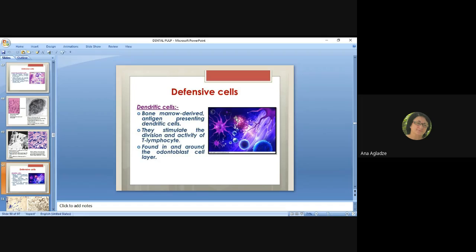They are also phagocytic cells, and they can engulf and digest like macrophages, and after contacting antigens, they become activated and migrate to the lymph nodes.